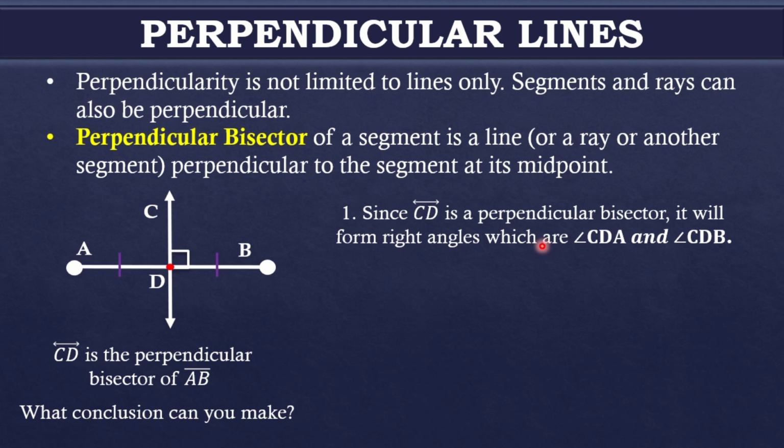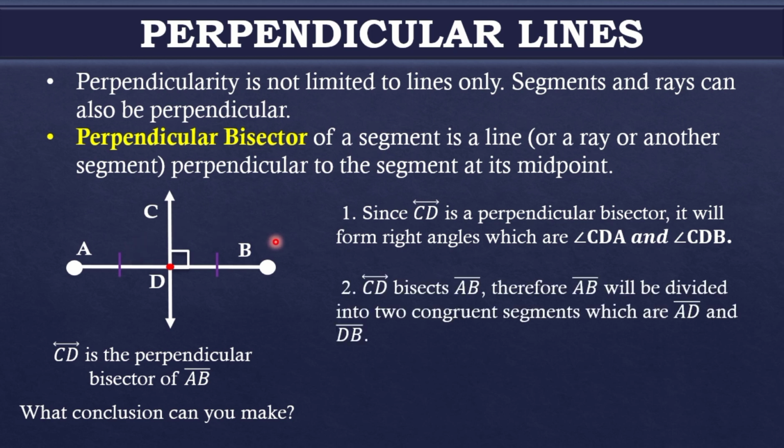And that is angle CDA and angle CDB. Okay? Kung ang sinabi, halimbawa, line CD is perpendicular to line DB, DB lang, ibig sabihin, isang right angle lang po ang pwede mong makonclude doon. Okay? Pero since ang sabi, line CD is perpendicular to line AB, itong buo, ibig sabihin dalawang right angle.